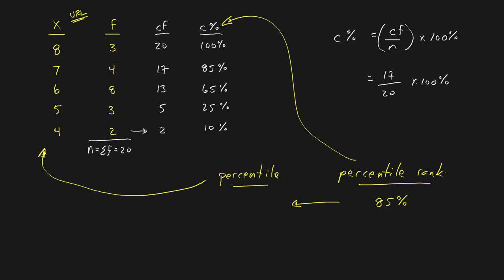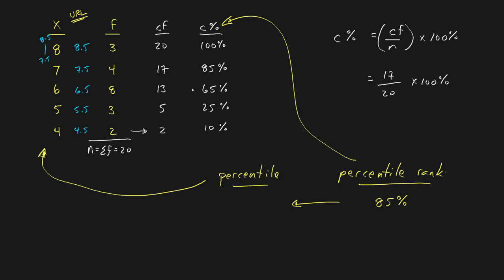So for 8, it would be my upper real limit, or the top of this category, which spans from 7.5 up to 8.5. So 8 covers the category from 7.5 up to 8.5. The top is 8.5. The top of the 7 category is 7.5. The top of the 6 category is 6.5, and so on.